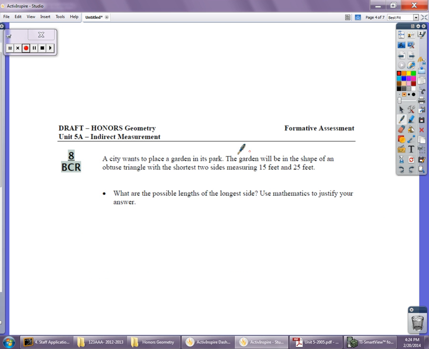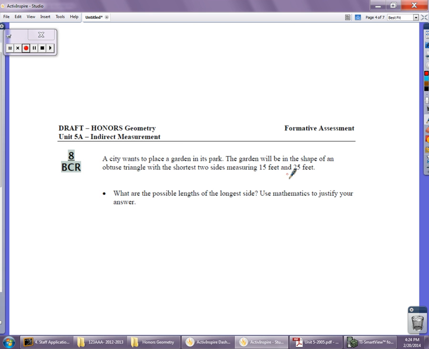A city wants to place a garden in its park. The garden will be the shape of an obtuse triangle with the shortest two sides 15 and 25. Remembering that in an obtuse triangle, c squared is going to be greater than a squared plus b squared.